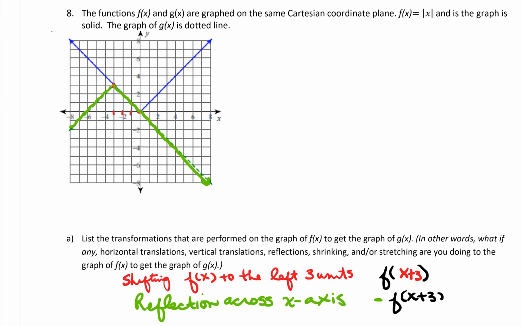But technically, if I did what I just did, that would give me this piece right here. And now we want to shift this up. And so I have to see how many units I am shifting this up. So it's 1, 2, 3 to get to this vertex. And so we are vertically shifting up 3 units.